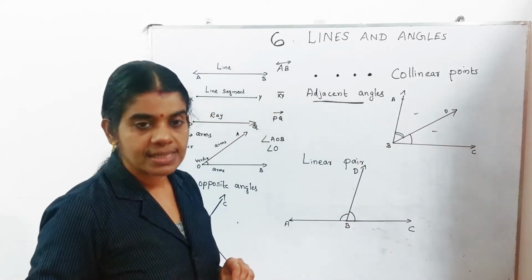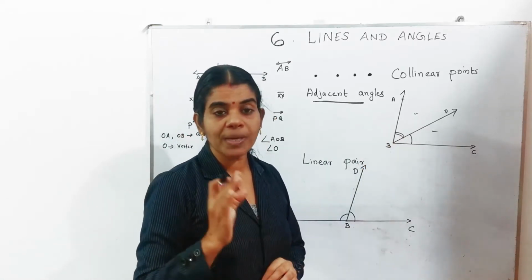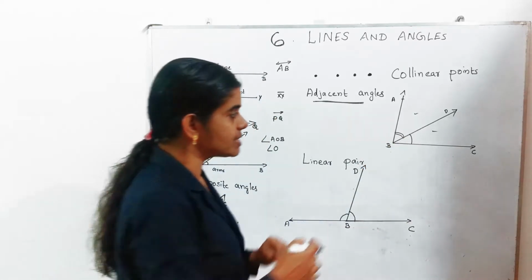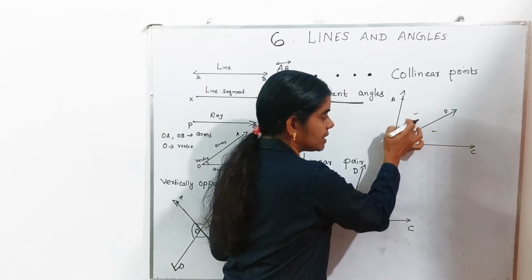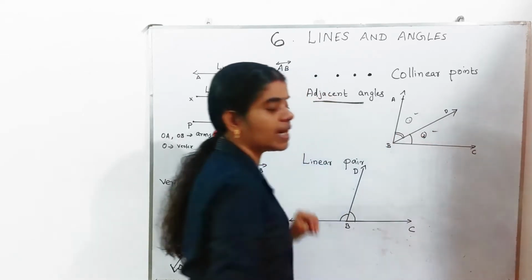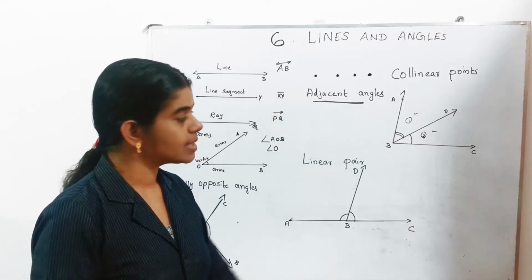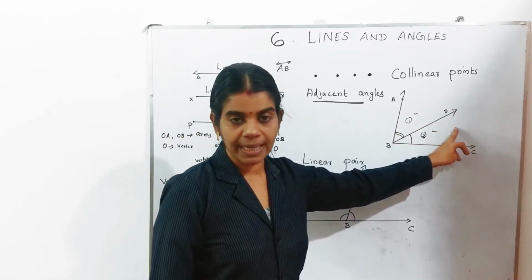For becoming adjacent angles, a common arm will be there. Here what is the common arm? BD is the common arm for both angles. This I am marking angle 1 and this angle 2. Angle 1 and 2 are the adjacent angles. These two angles' common arm is BD.